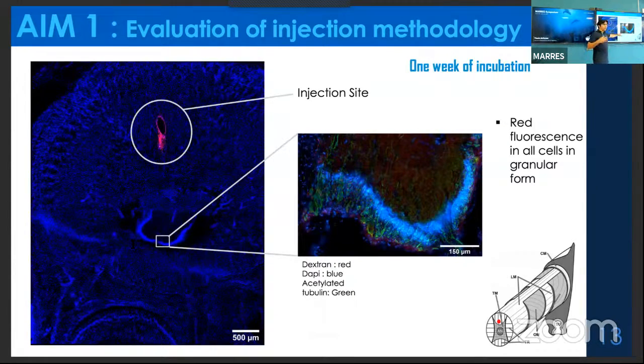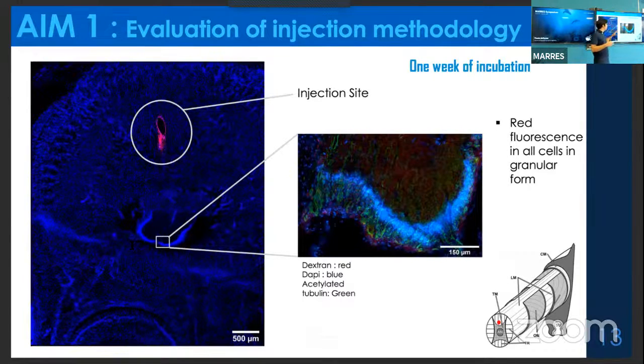This image is a zoomed in image of the cortical part of the ganglia, so where all the cell bodies are located, and the different colors are representing different parts of the cells. The blue is representing the cell nuclei. The green is representing the cell body, as it is acetylated tubulin staining.